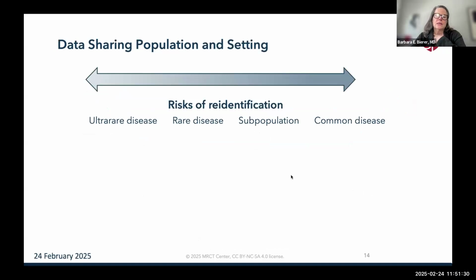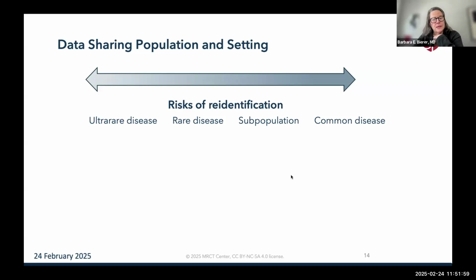Let's talk about the data sharing population and the setting. So we've talked about the risk of re-identification in terms of insurance and stigma, and other risks to being re-identified. But there's a difference, if you've got hypertension or weight problems or whatever, it's a very common problem. And you won't necessarily be identified based on that.